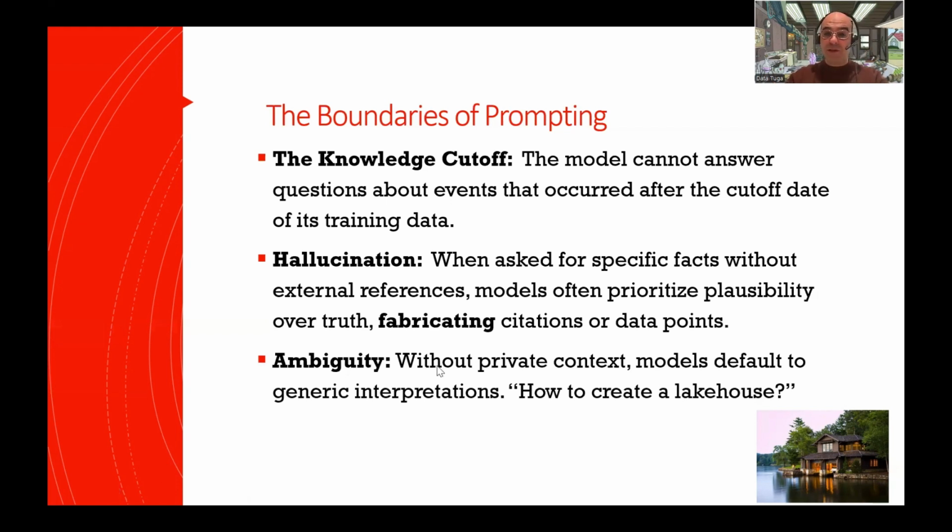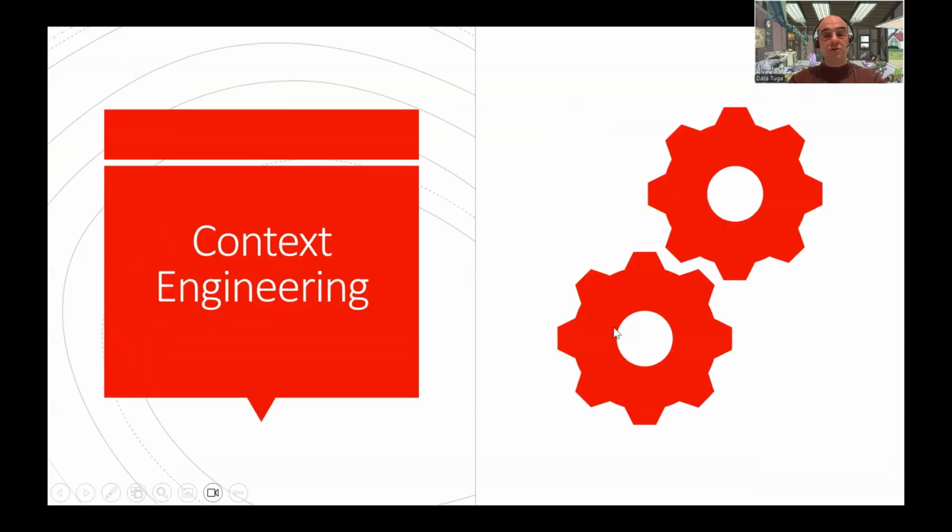Or ambiguity without a private context, the model just tries to figure out what we are talking about, such as create a lake house. Is it a Databricks lakehouse, or is it a house near the lake?